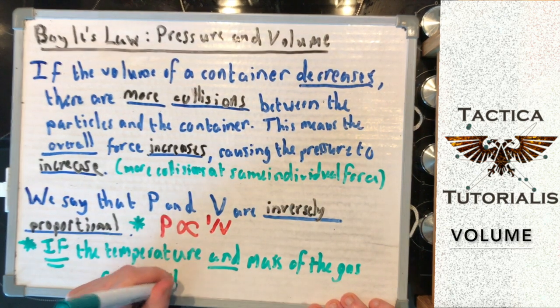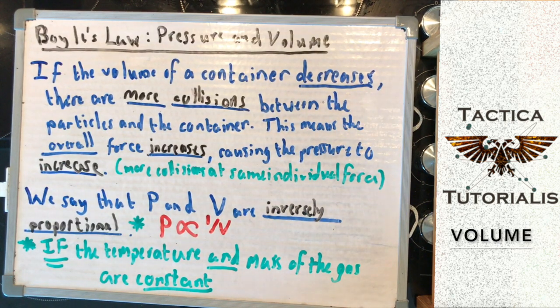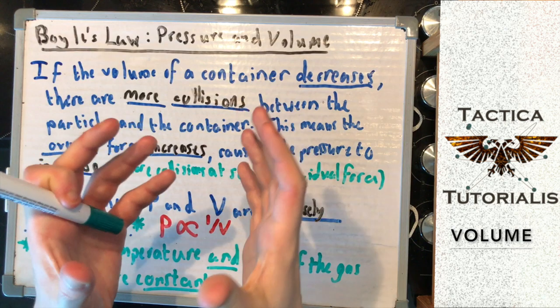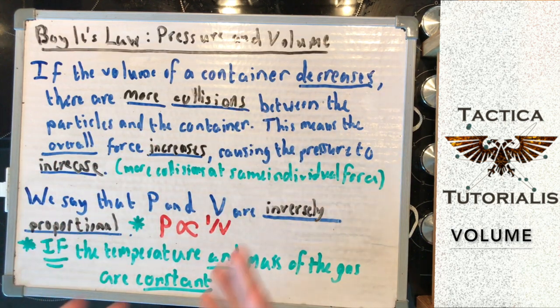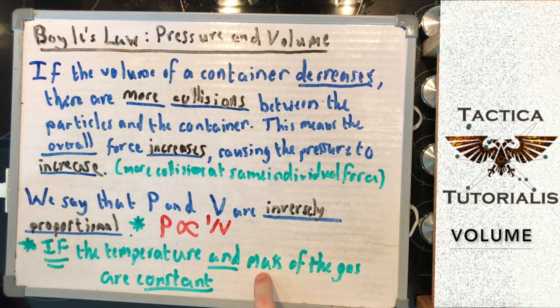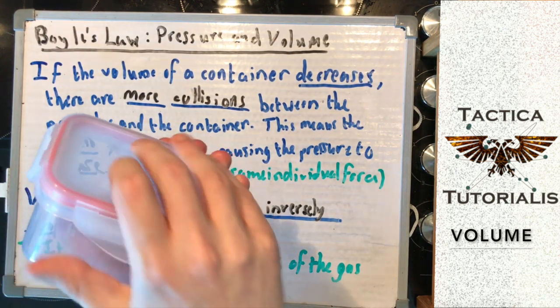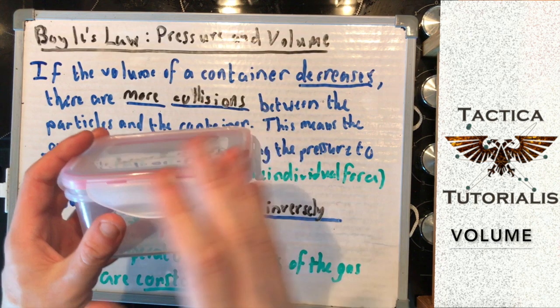So what that's meant to mean is that if you keep the container at the same temperature and you don't change the amount of gas in it, then this relationship will hold. That's what the mass part is for. Because I could easily say, okay, I've now got half a box, but I've also taken away half the particles.